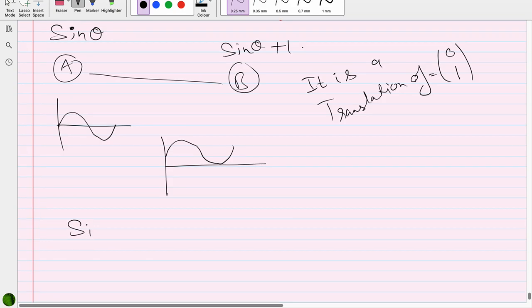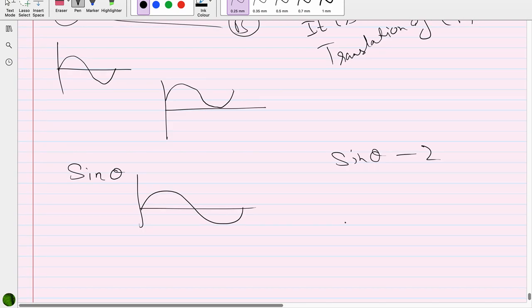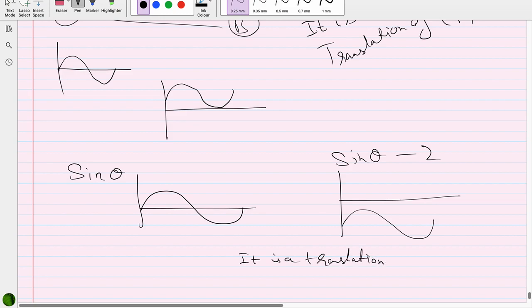So if we say sine theta, original graph again, and the new graph is sine theta minus 2. This will move the complete graph 2 units downwards. So it is a translation. You remember the transformation chapter of O levels?